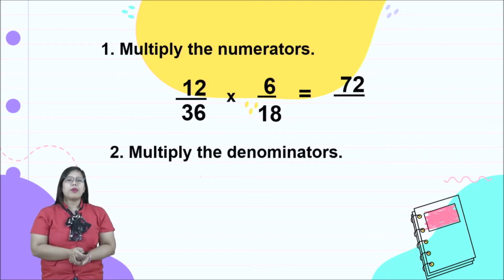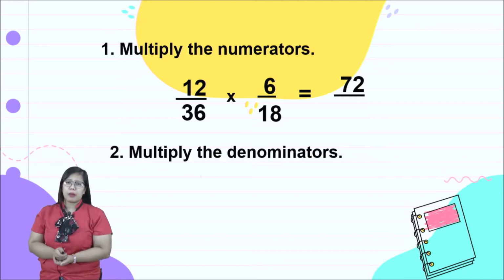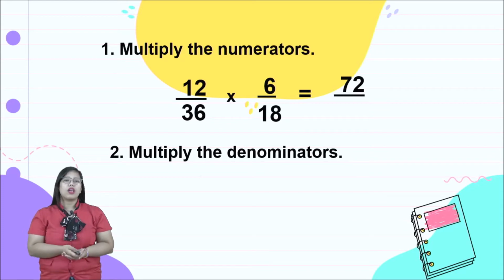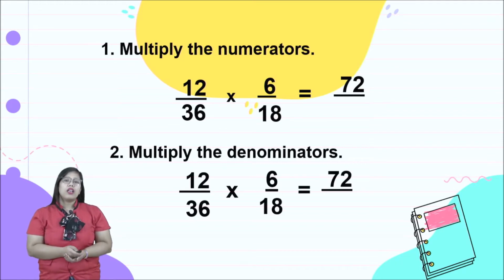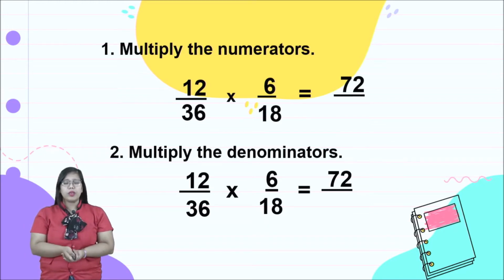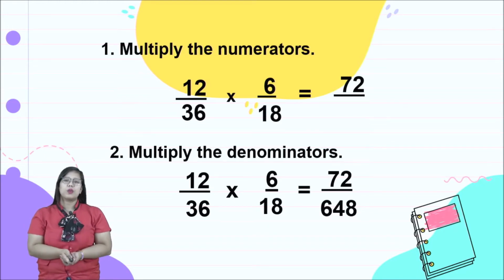The next step is we need to multiply the denominators. Denominators are the numbers below the line. So we have the denominators of 36 and 18, and when we multiply 36 and 18, we have 648.